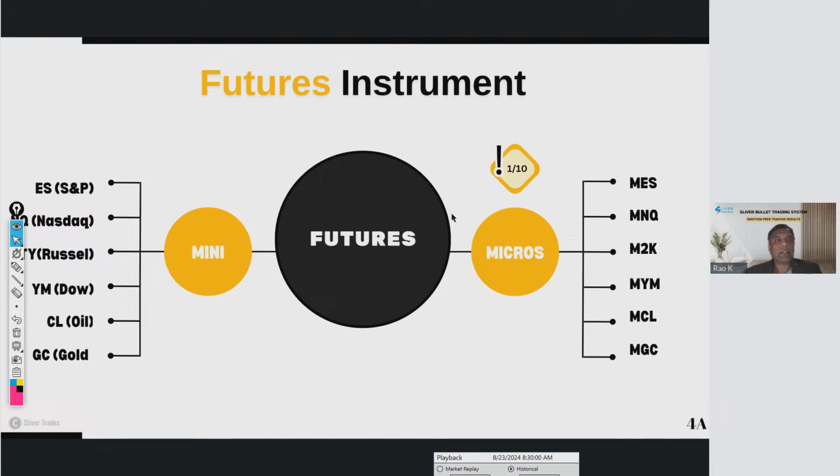In this example, we show you what kind of futures we like to trade. There are many others, but these are the most frequently traded futures. ES stands for S&P 500, NQ for NASDAQ, RTY for Russell 2000, YM for Dow 30, CL for crude oil, GC for gold. These are called mini futures, and there are equivalent micros, which are 1/10 the size of the minis. Their symbols are MES, MNQ, M2K, MYM, MCL, MGC.